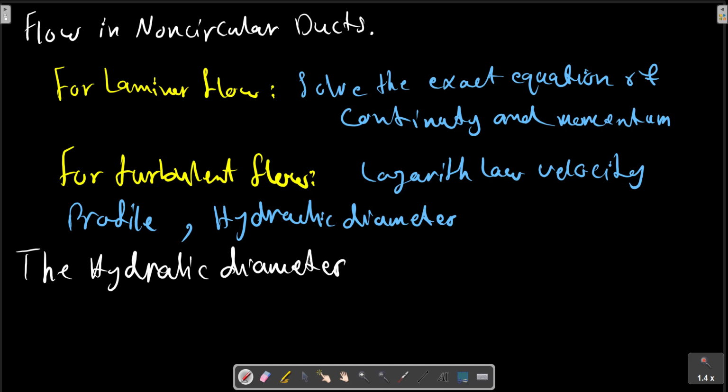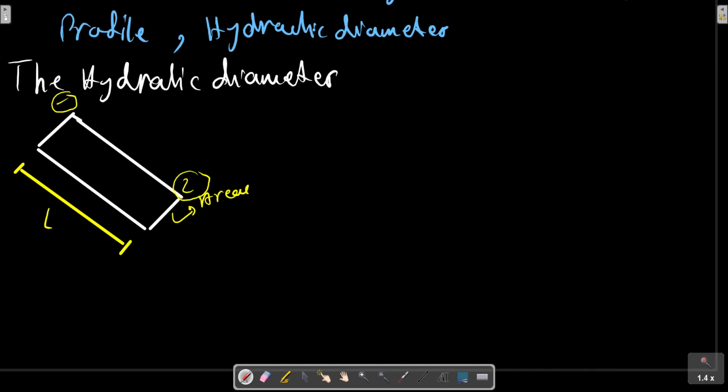For a non-circular duct, the control volume concept in the figure here: the cross-section area does not equal a circle, and the cross-sectional perimeter weighted by the shear stress.